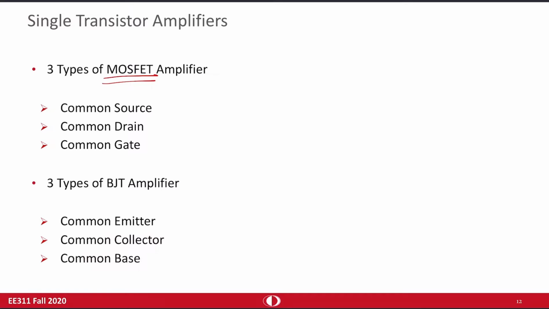For the first one, we can say common source with degeneration as a fourth type. These common source amplifiers are generally used as voltage amplifiers.